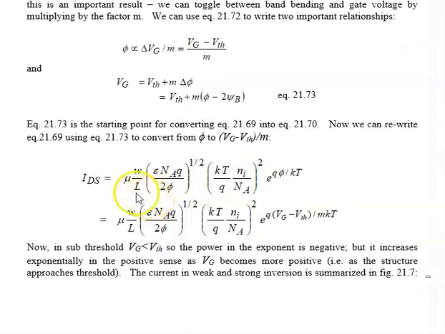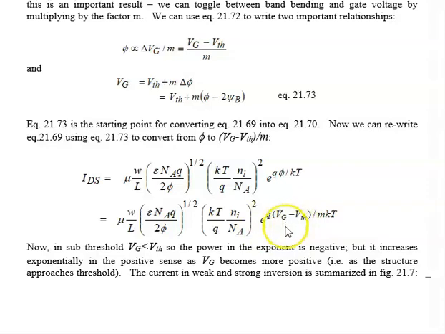Okay, so now I can write the drain current. This is diffusion current in subthreshold or weak inversion using VG minus V threshold divided by M. Now, one can argue that the exponent is negative because VG is less than V threshold, and that's true.